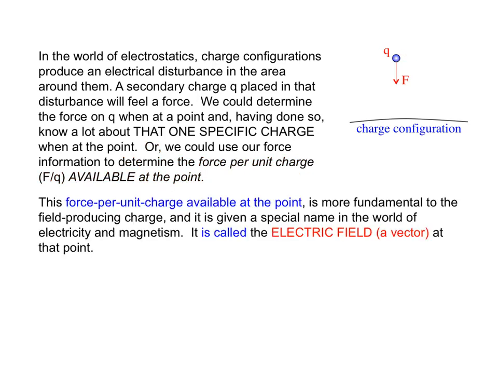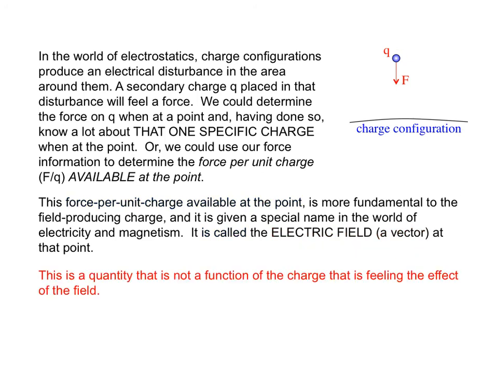That quantity, the amount of force per unit charge that's available at the point, whether there's a secondary charge there to feel the effect or not, is given a special name. It's called the electric field vector at that point. Electric field functions are not a function of secondary charges at the point of interest.